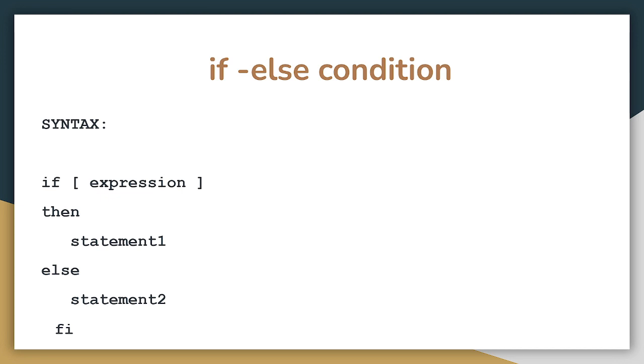Then the user must see a message that you are not eligible to vote. So for that we use else condition. You have to close it with the fi command. You have to write fi there to end your if else condition. Okay, so this is the basic syntax of if else condition.